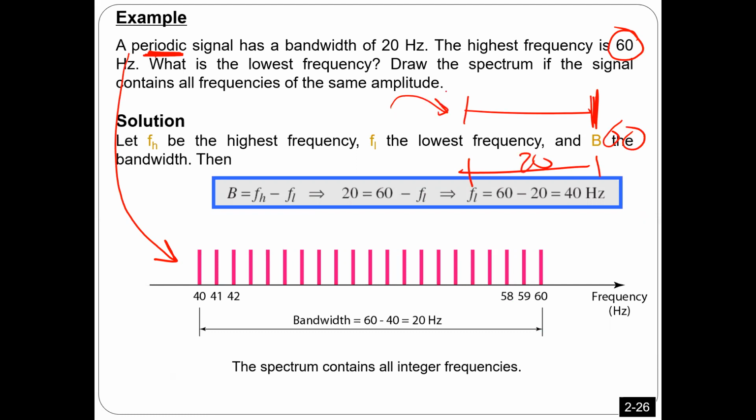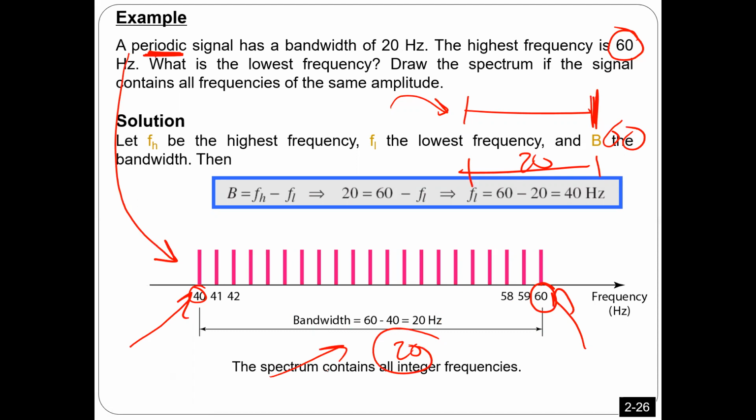So what is the first frequency? It's going to be 40, 60 minus 20, right? So here I start from 60, the whole bandwidth is 20, so from here to here this one should be 40. I got this one and I know the bandwidth.